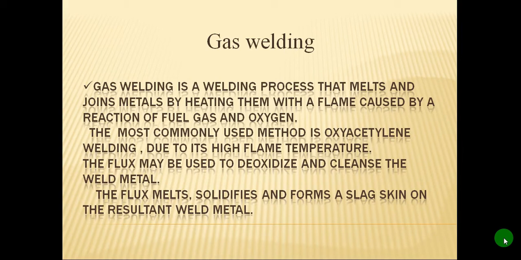The most commonly used method is oxyacetylene welding due to its high flame temperature. The flux may be used to deoxidize and cleanse the weld metal. The flux melts, solidifies, and forms a slag skin on the resultant weld metal.